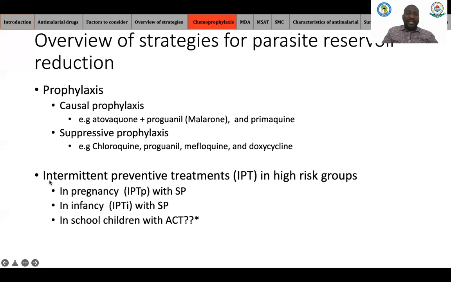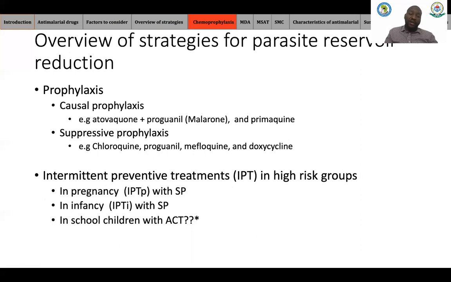Another component is the intermittent preventive or presumptive treatment in high-risk groups. So these are groups like pregnant people, where you would be able to treat them whether or not they show symptoms. In pregnancy, for example, sulfadoxine pyrimethamine is given to pregnant women.